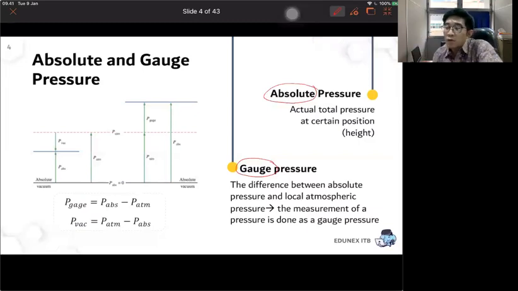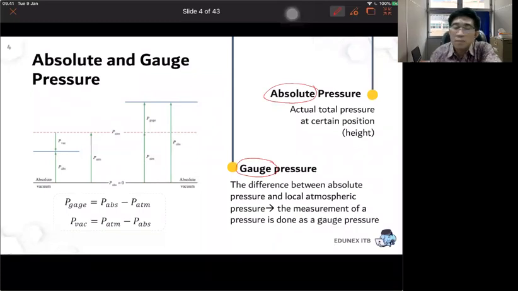But commonly, the pressure measuring device calculates the pressure of the system by taking the difference between the actual pressure and the atmospheric pressure. So the pressure measuring device usually measures the pressure of a system by comparing its actual pressure, the absolute pressure, with the atmospheric pressure of the outside air.